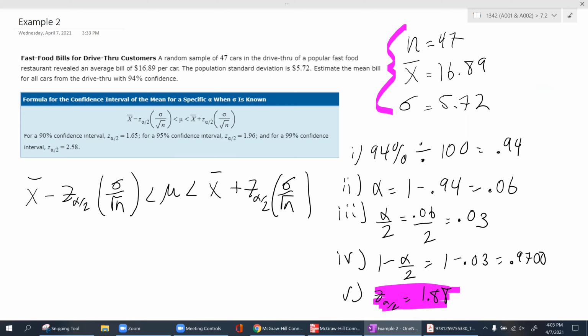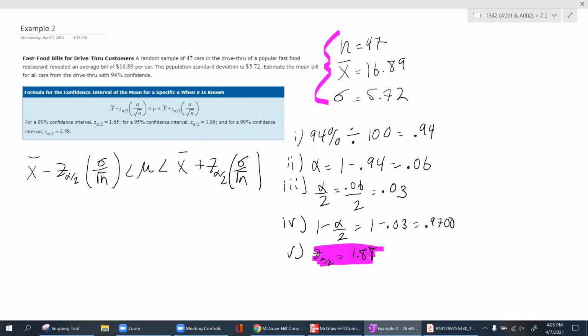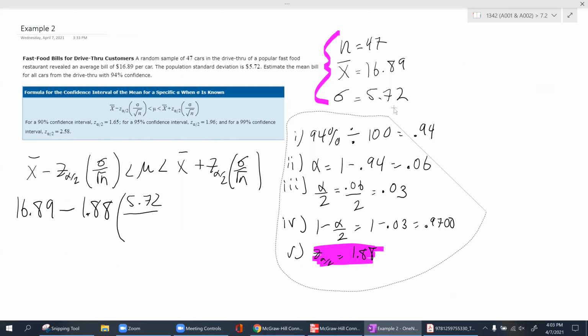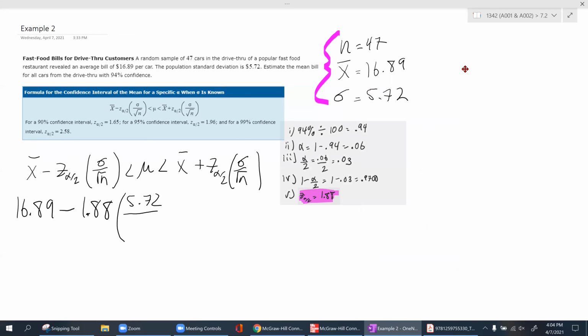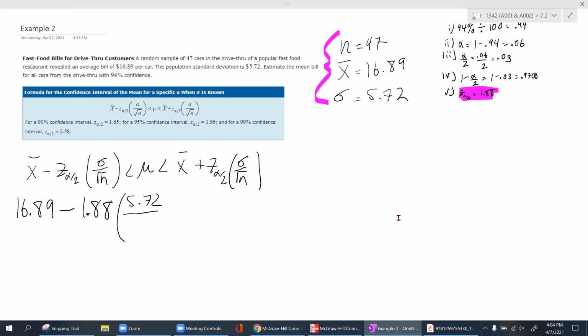Meaning my x bar was 16.89 minus that Z value, which is 1.88, times sigma 5.72, divided by the square root of n. What was my sample size? 47, right?